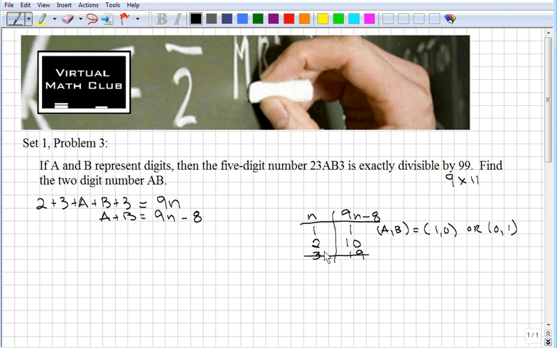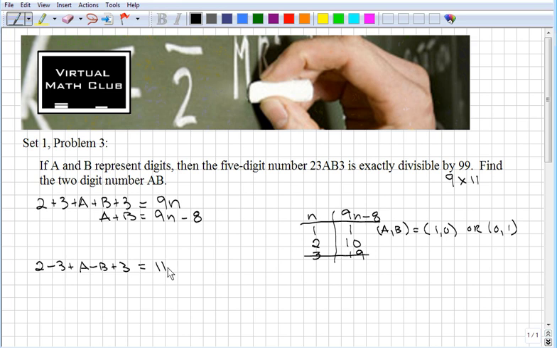So now let's look at the other divisibility rule. We know that the number has to be divisible by 11 as well. So in order to be divisible by 11, 2 minus 3 plus a minus b plus 3 has to be 0 or a multiple of 11.